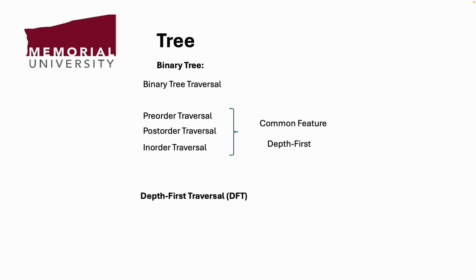So we call this type of traversal depth-first traversal, also DFT. For DFT, as we already did for the general tree, we can use a stack if we don't want to implement it recursively.